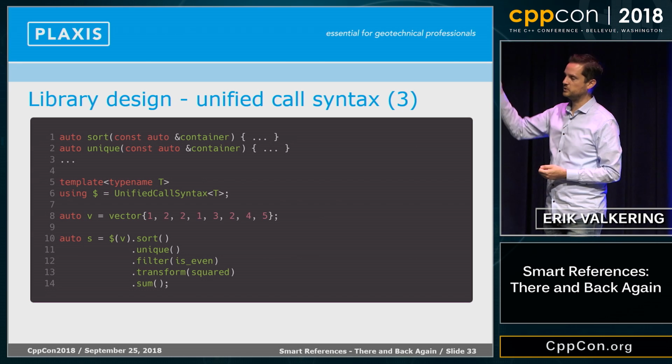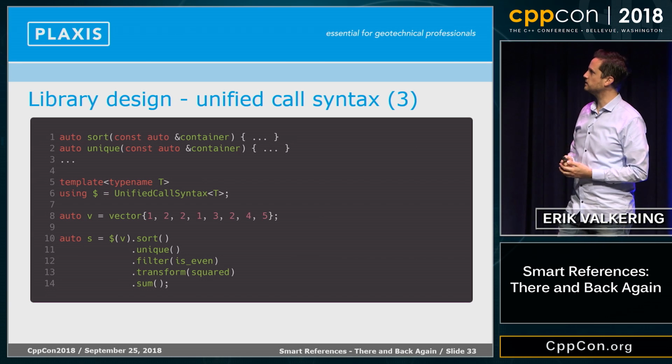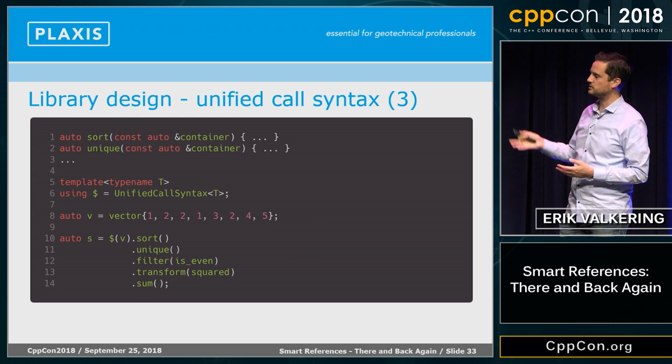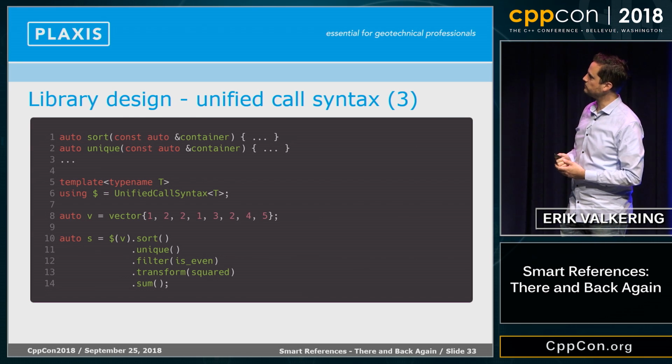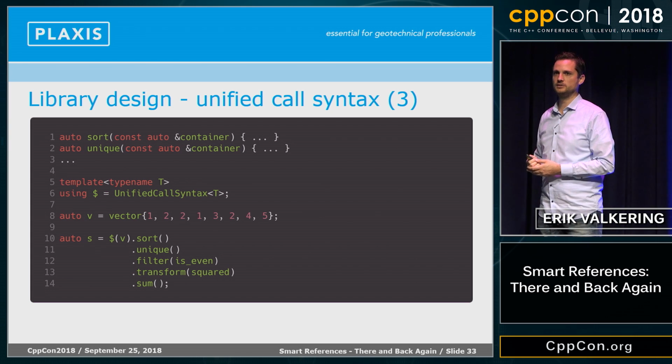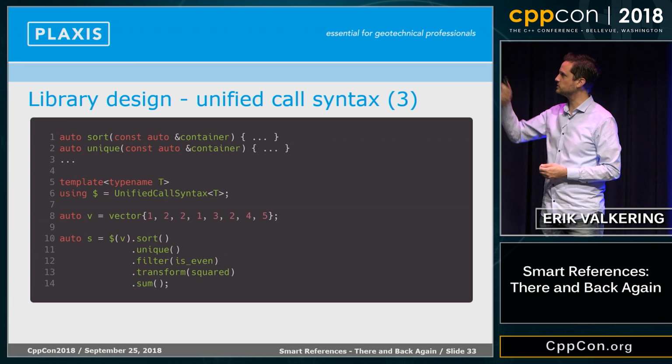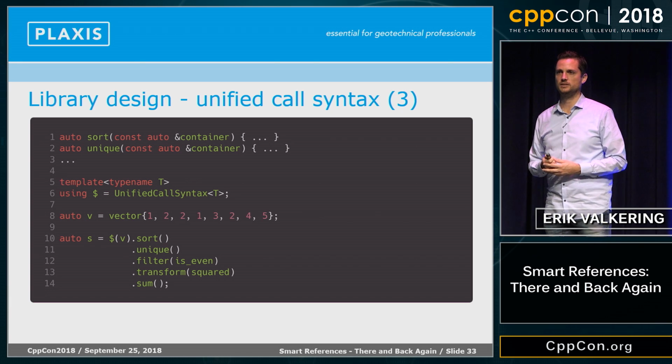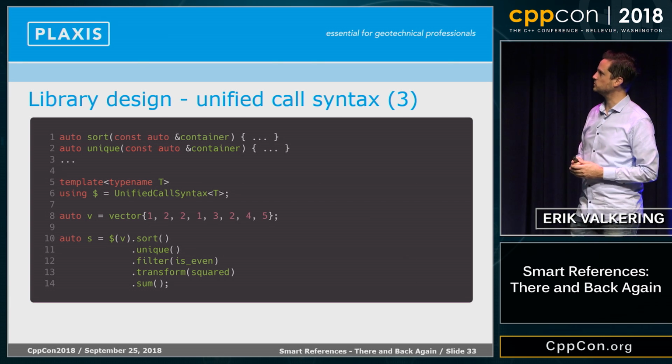So assume we have two functions defined, sort, unique, actually all those functions that we're using there, but I skipped them. Then we can create an alias, the dollar, for this unified call syntax class, because we want to make it a little bit more concise.